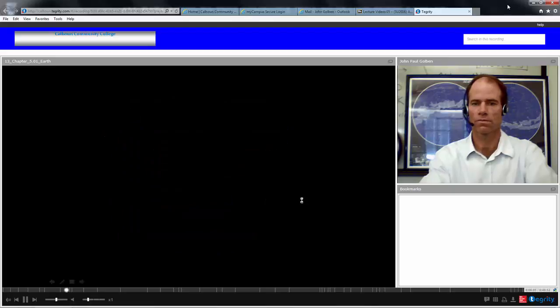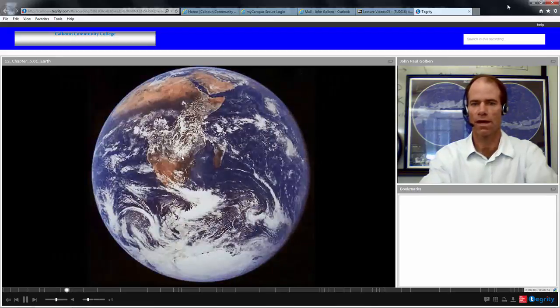Here's a more recent and higher resolution picture of Africa, and you can see Madagascar here, how it would fit right into that little section of Africa right there. And you have Antarctica down below here.